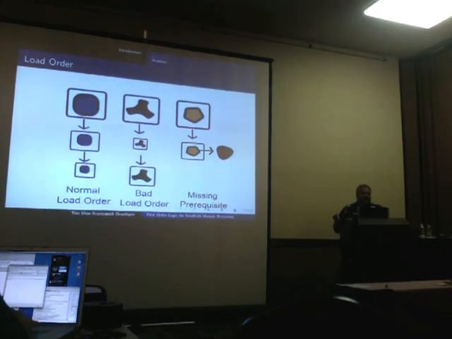But the question arises, are our prerequisites correct? If NB's hidden something, do we have classes that are loaded incorrectly or in wrong order, or bad prerequisites? Even worse, we have missing prerequisites. We have classes that are referenced in a class that don't live in the dependency chain, the prerequisite chain.